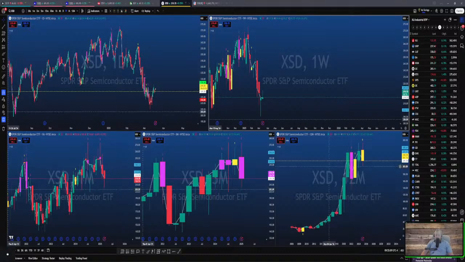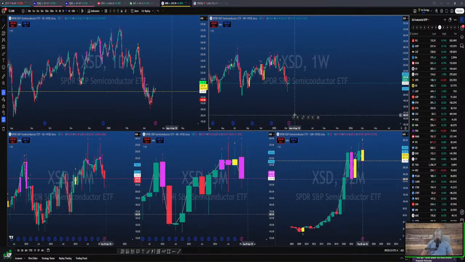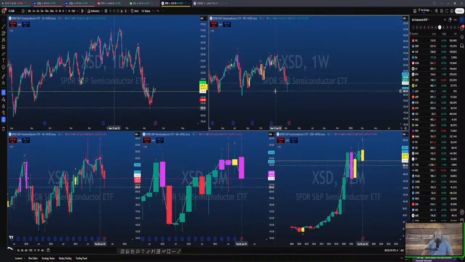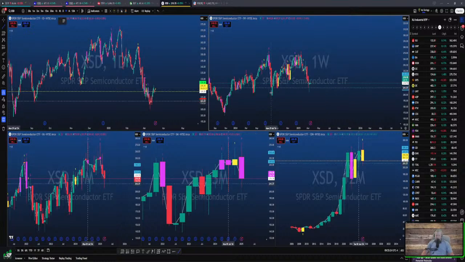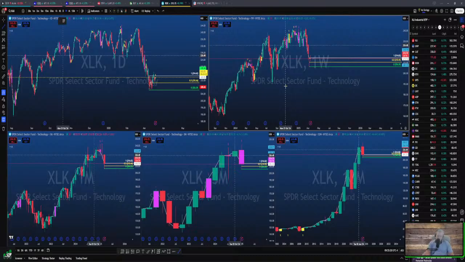So not quite full time frame continuity, but what we know as strats to be true, not even as strats, just traders of the market in general, is that we go from liquidity to liquidity, right? So if I mark out these broadening formations, XSD.